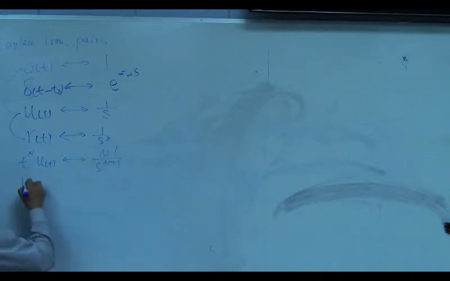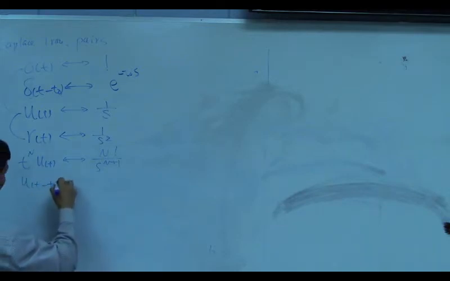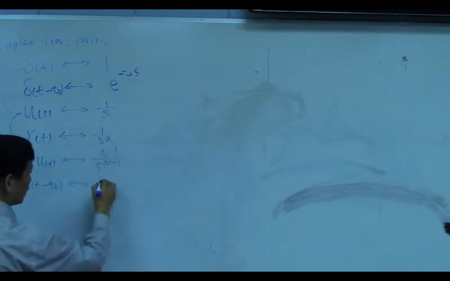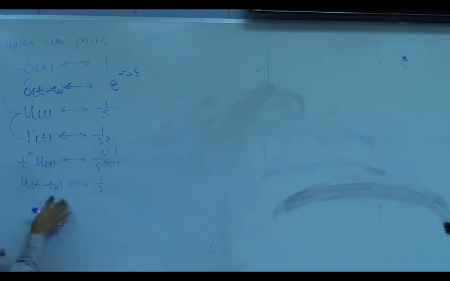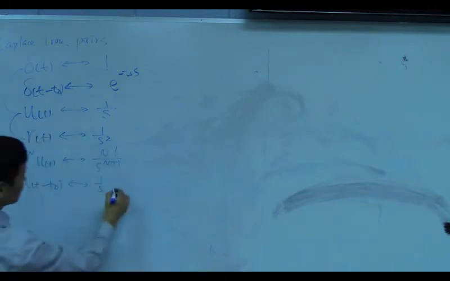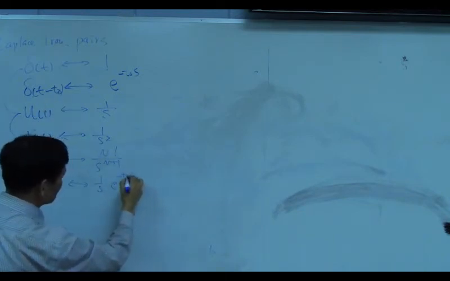u(t minus t sub 0). What's this? This one is 1 over s times the delay, so e to the negative t sub 0 times s.